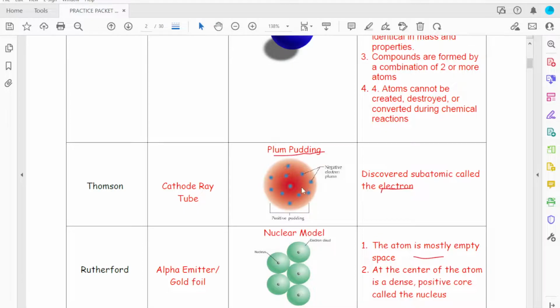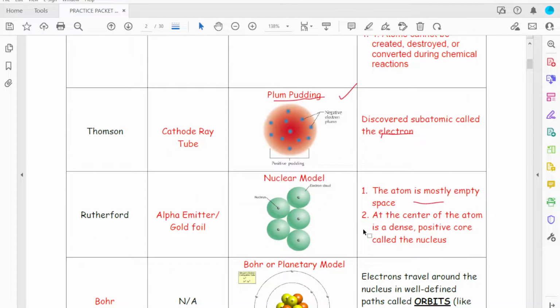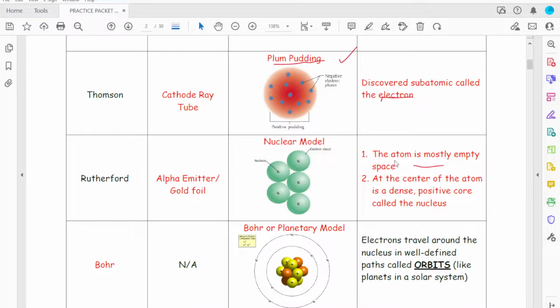So he thought of them as positive, negative, and some sort of plum pudding. So the plum pudding model is what he called it. Then Rutherford did the gold foil experiment, which we reproduced in lab. He discovered that most of the atom is empty space. At the very center of the atom is a dense positive core called the nucleus. And so you want to remember empty space, Rutherford.